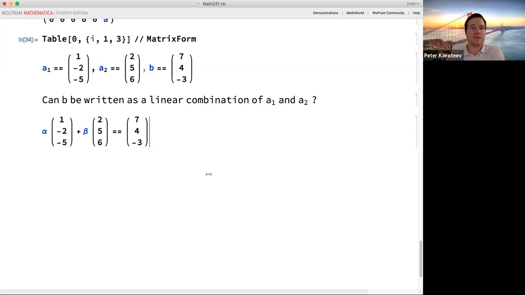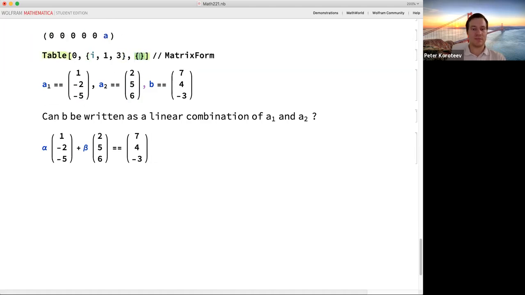And then we can reformulate this in terms of a linear system of equations. Now we can write this as a matrix equation.